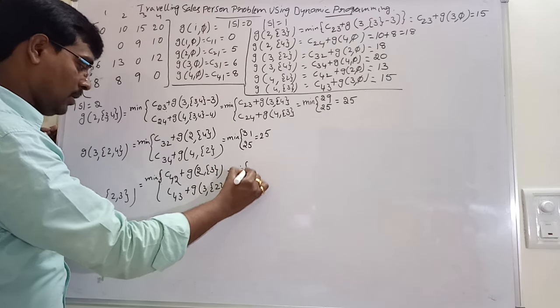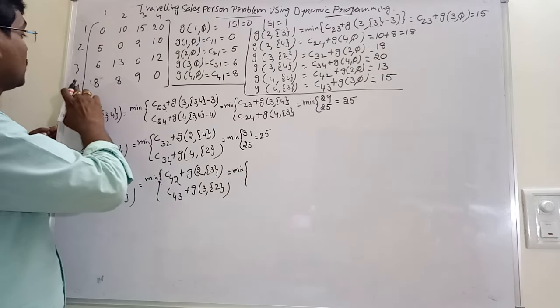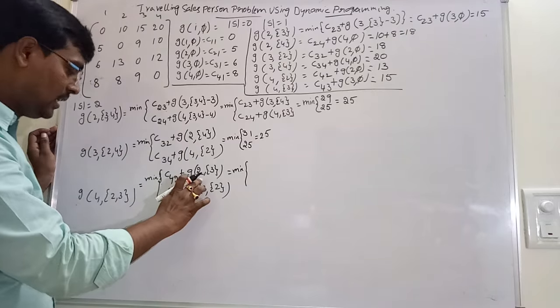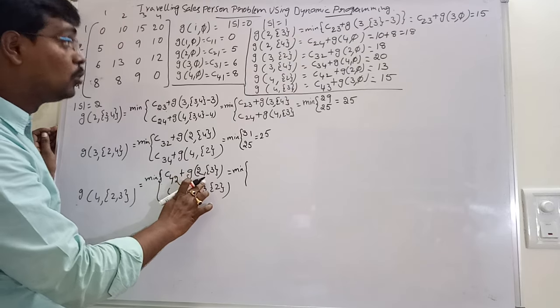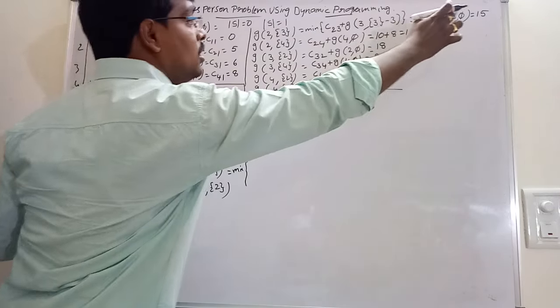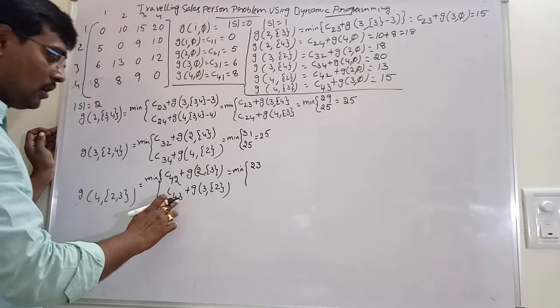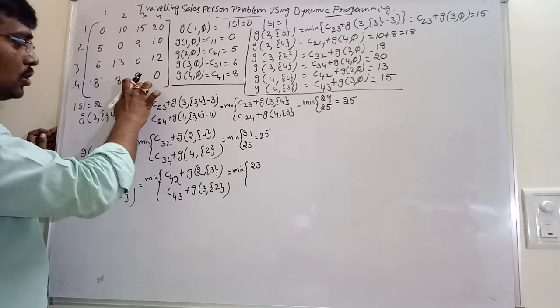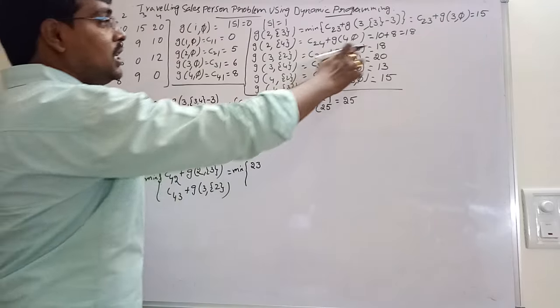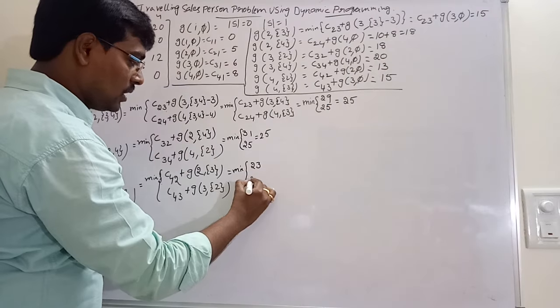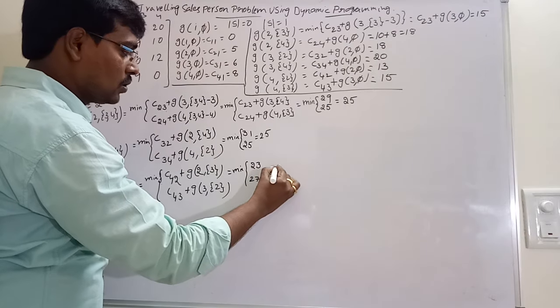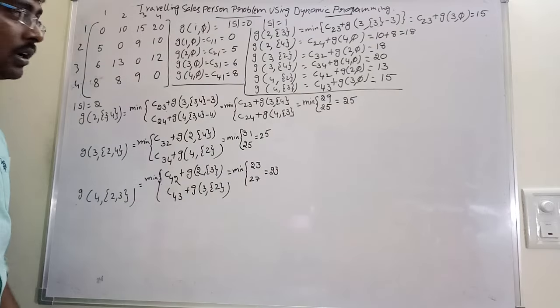That means minimum of C42 value is 8 plus G of 2 comma {3}. G of 2 comma {3} value is 15. 15 plus 8, 23. C43 value is 9 plus G of 3 comma {2} value is 18, 27. Minimum value is 23.